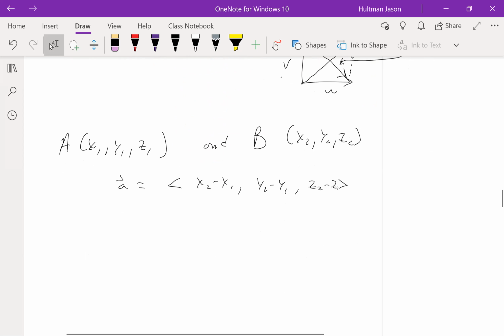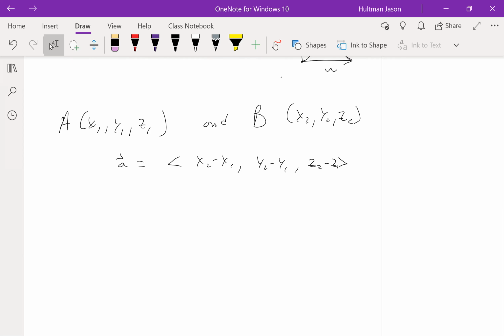Okay, let's talk about the magnitude of a vector. A real quick one on this. Say we had 1, 1, 2. That's a point, and we'll call this point P, and then we have point Q at say 2, 3, 4. How would I find the vector? It's just going to be the difference between these.